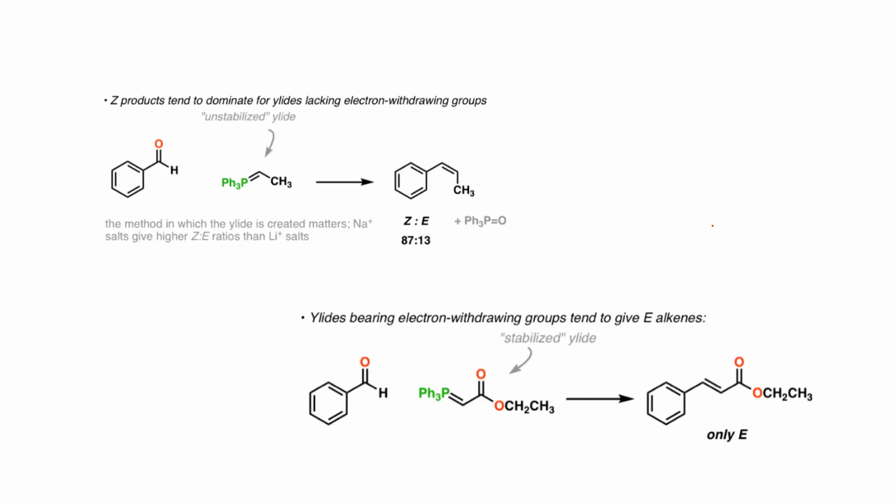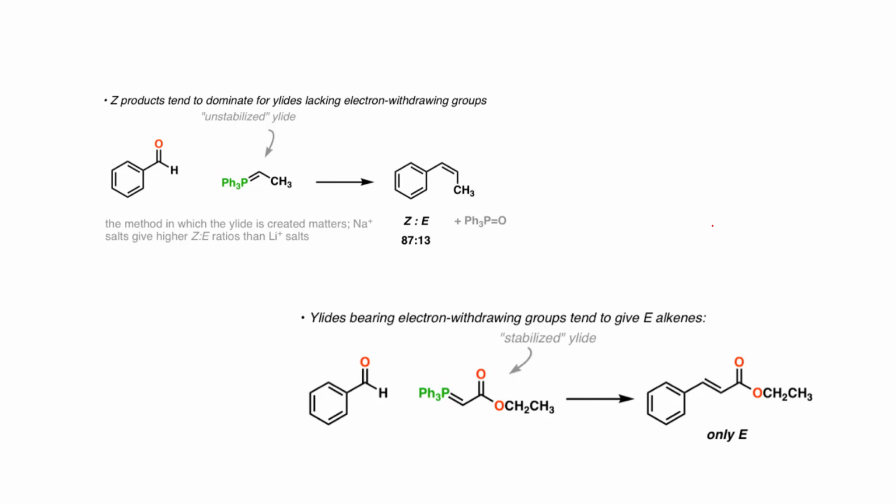Now there is some specification. If you want to form specifically a Z double bond or an E double bond, like the trans double bond or a cis double bond, just by changing the nature of the phosphorus halide, we can specifically get a stereochemistry of the product. That is, we can get a stereospecific product by using different halides.